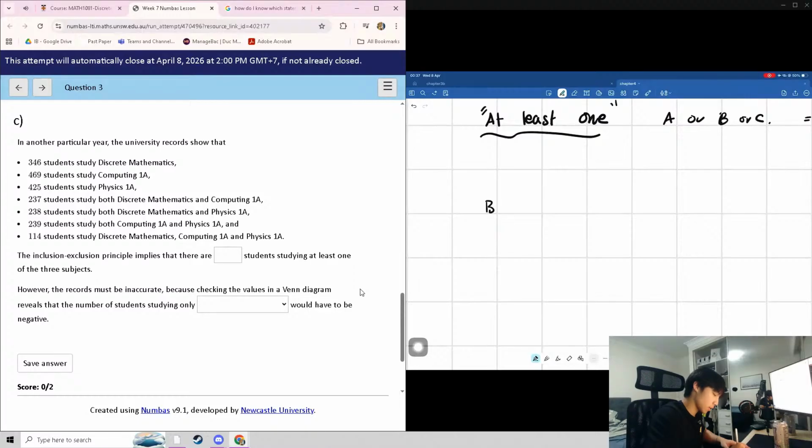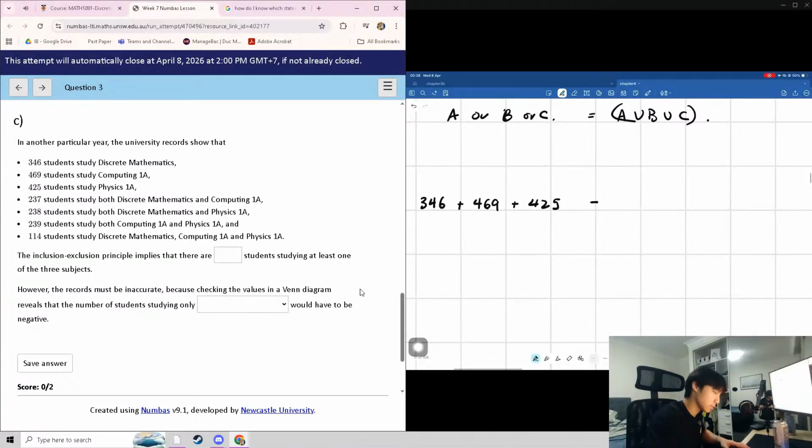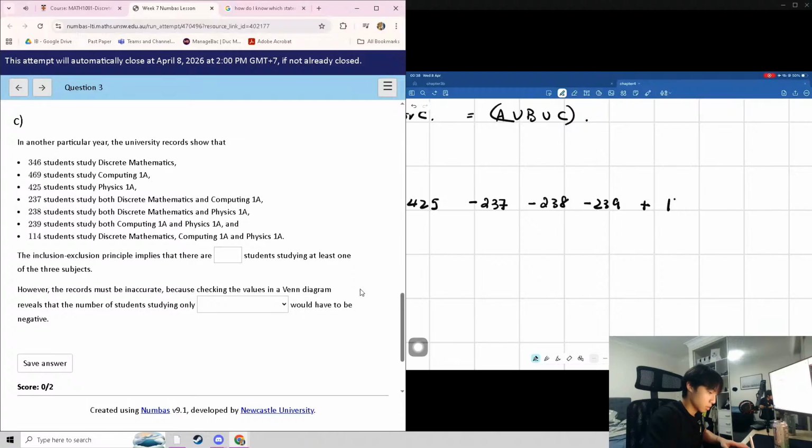So by the inclusion-exclusion formula, 346 plus 469 plus 425, minus the intersection, minus the intersection, minus the intersection, plus the final.